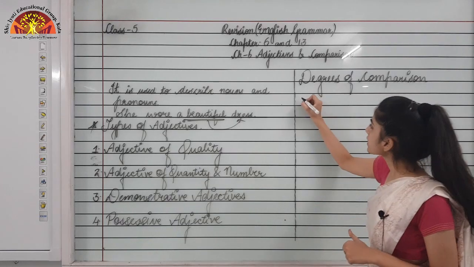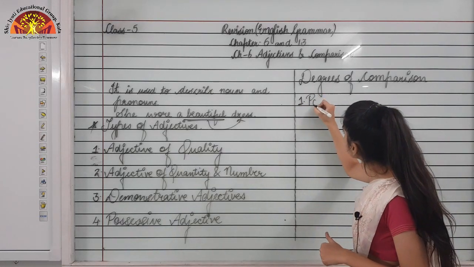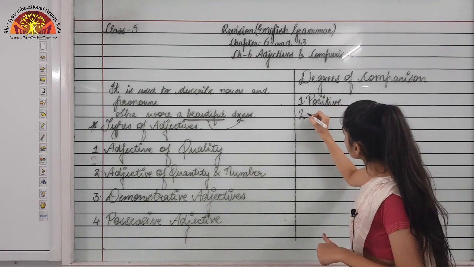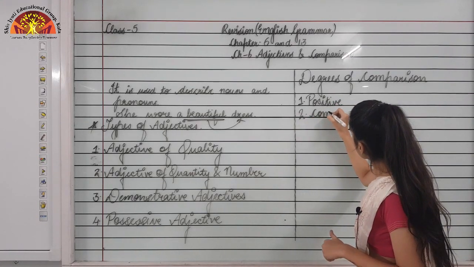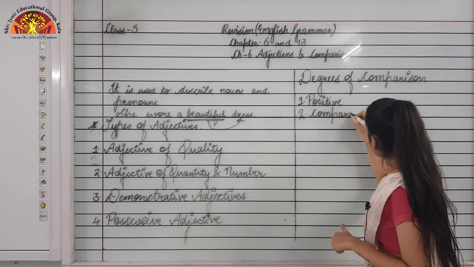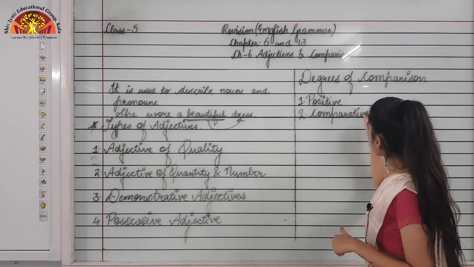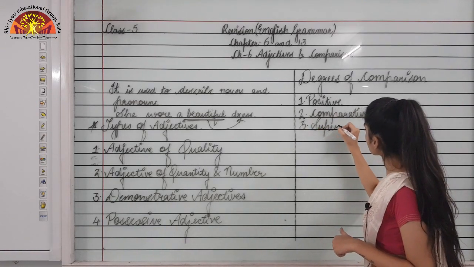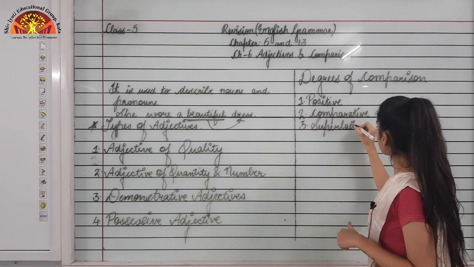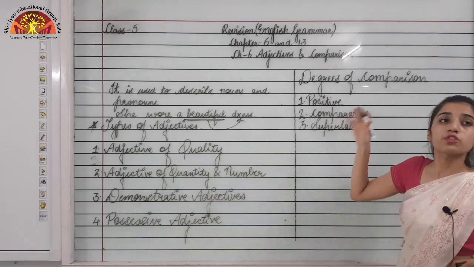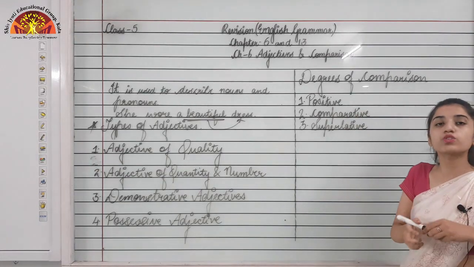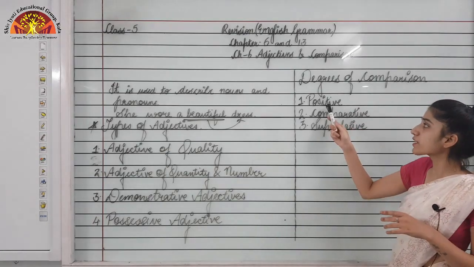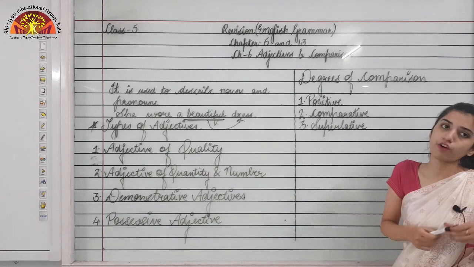The positive degree shows no comparison. When we are comparing nothing, that time the degree used is the positive degree of comparison.